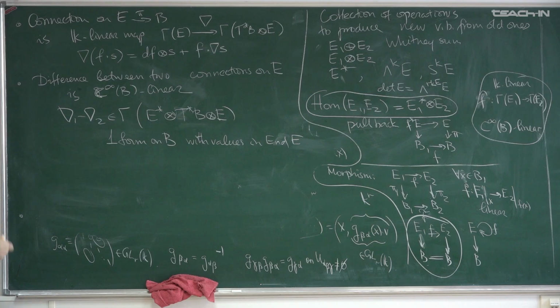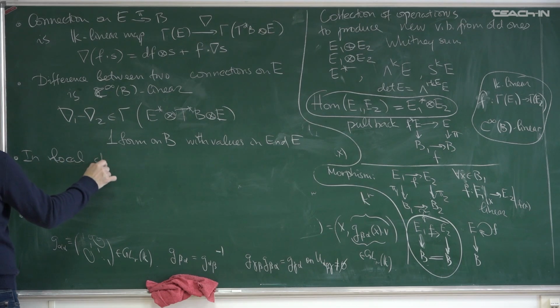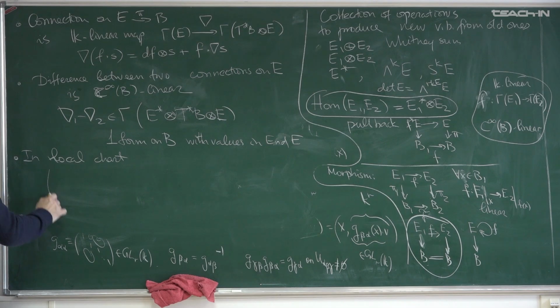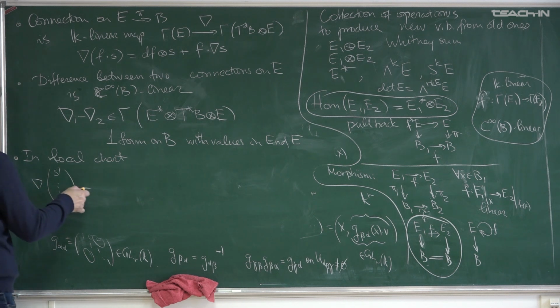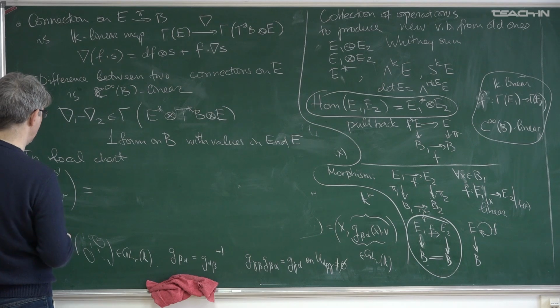Okay, so in a local chart, we see that if we have a section as a column of coordinates which depend on the point in the base, and we want to apply the connection here, then it looks as follows.